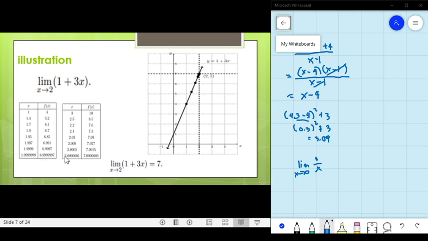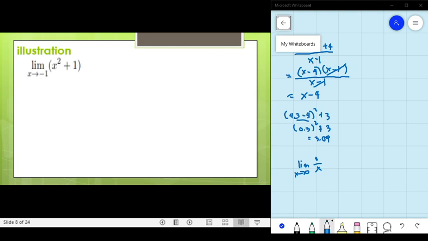And from the right, our values of f of x also get closer and closer to 7, so we can say that the limit of the function is 7. So it exists.